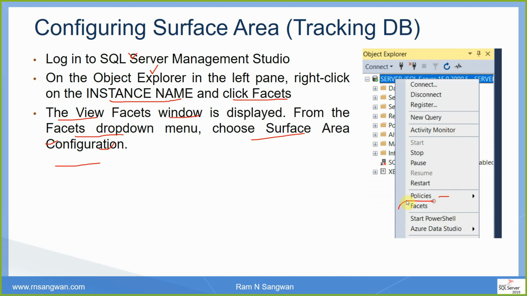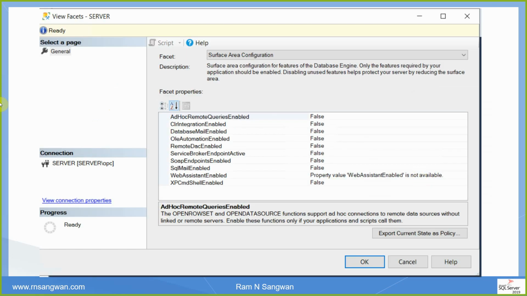So first you have to select this, and after that you have to select this surface area. By default you will see it is disabled. You select enabled and set it to true, and then you are done.